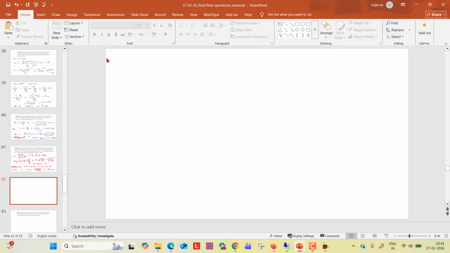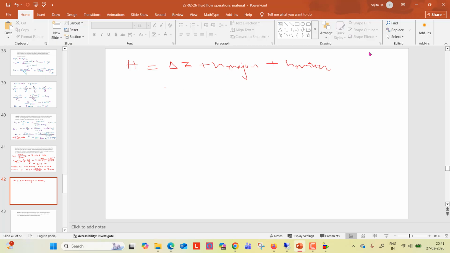It is told to calculate the required pump power. So now the total head is delta Z, because the pump inlet and outlet are in different positions, then H major and H minor.